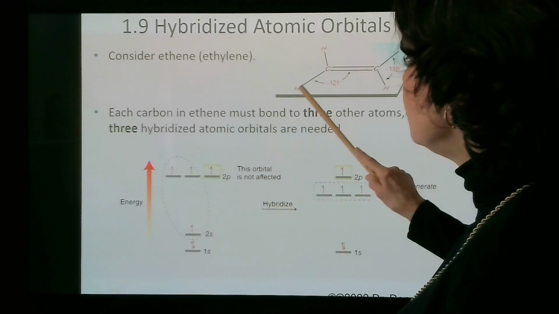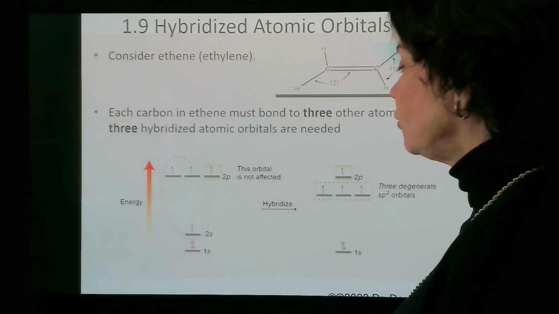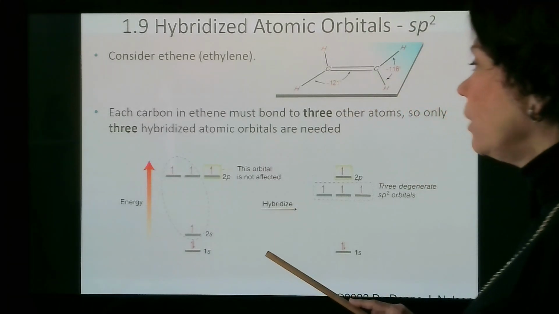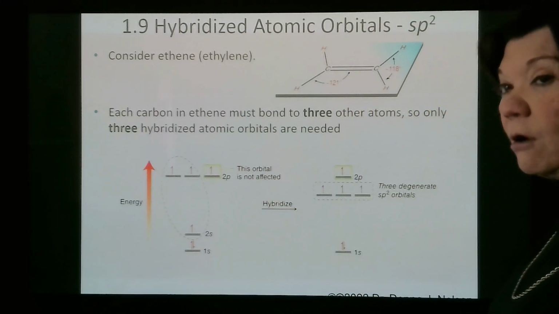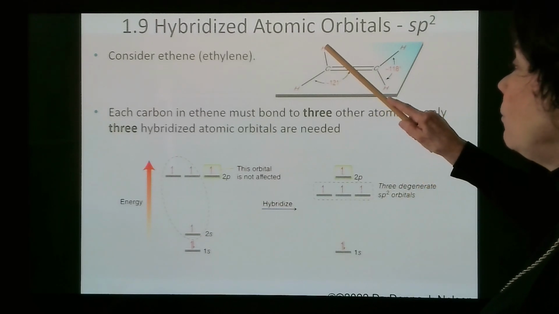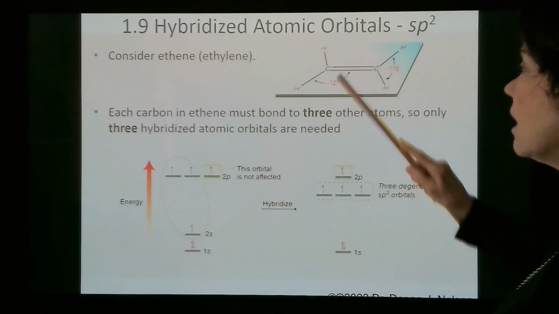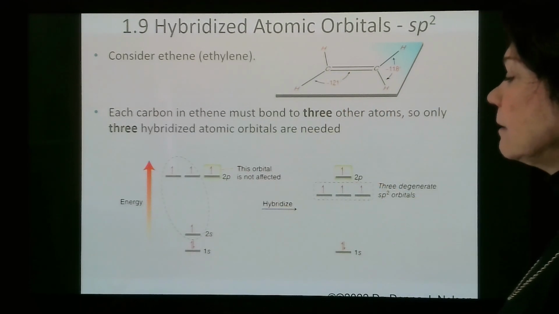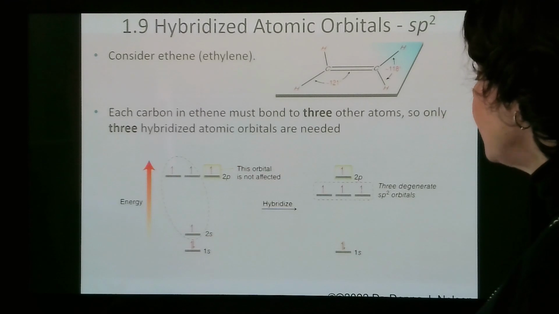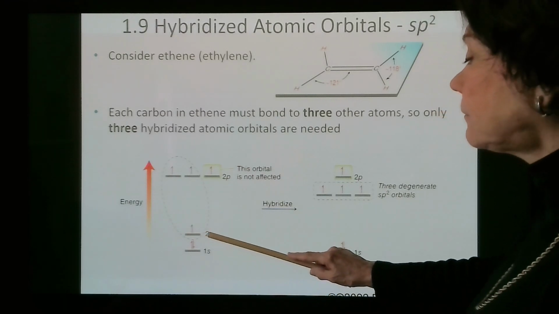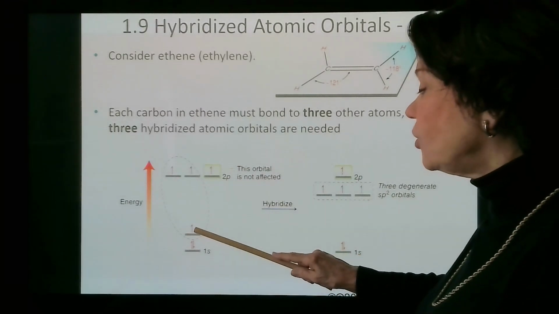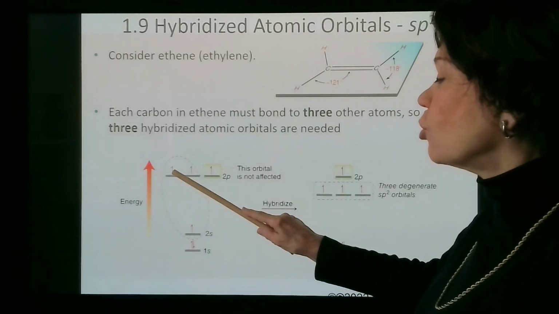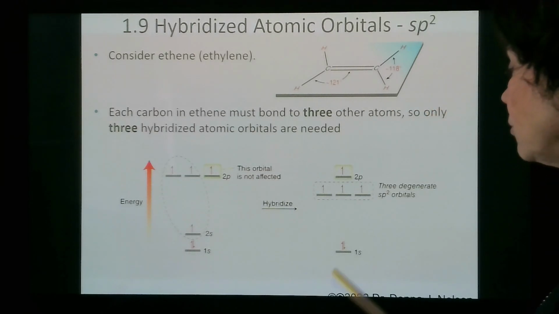Here we have 1, 2, 3 of the bonds that are hybridized. That's 6 electrons. And so we're going to take 3 of those, of course, from carbon, and the other 3 will come from the other atoms that are in these bonds. But it's the carbon, the central atom, that is hybridizing. And so here, this time, we're hybridizing the electron that's in the 2s orbital and electrons in 2 of the p orbitals.